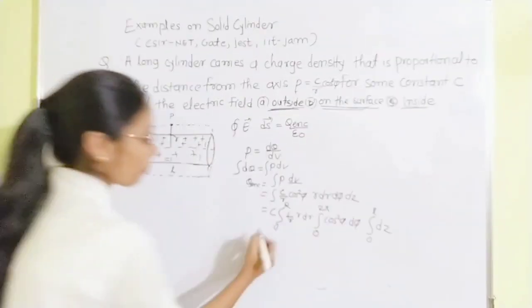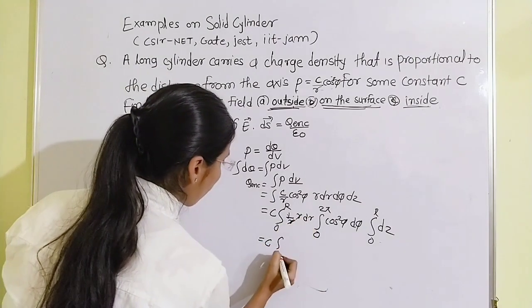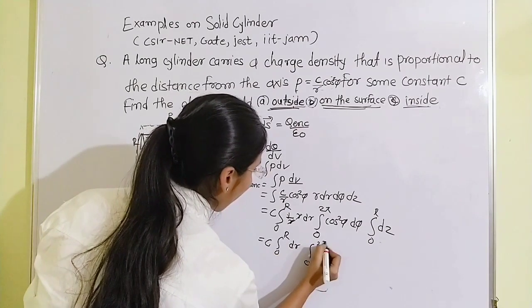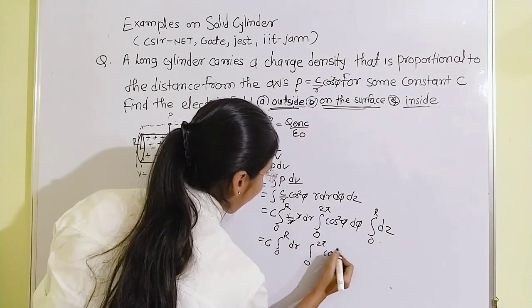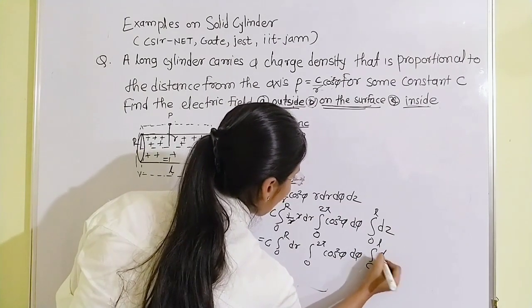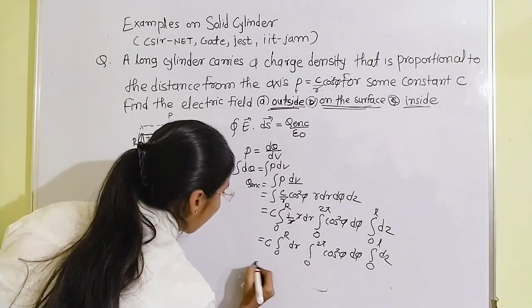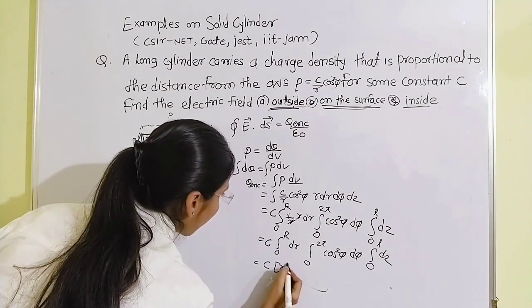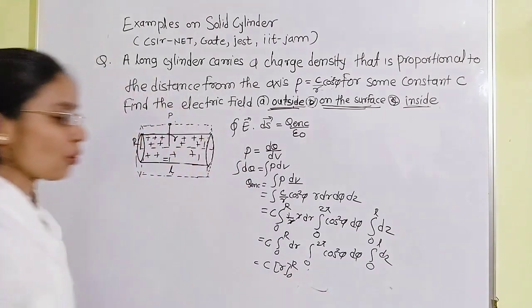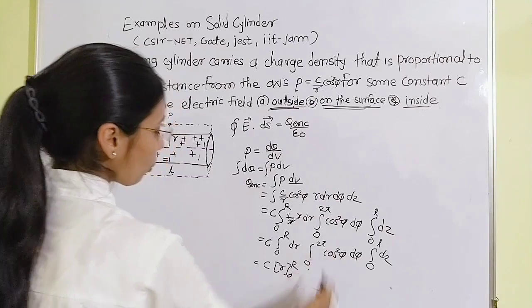So here this r gets cancelled: it is C, 0 to R dr, 0 to 2 pi cos square phi d phi, and 0 to L dz. The integration of this is C R, 0 to R, and the integration of cos square phi with limit 0 to 2 pi.